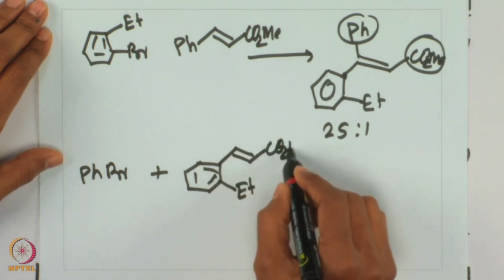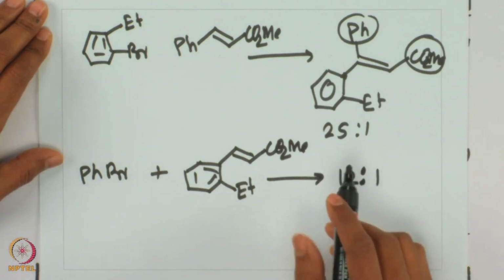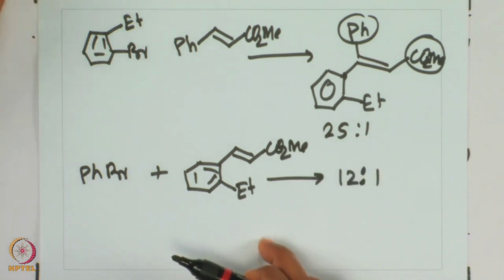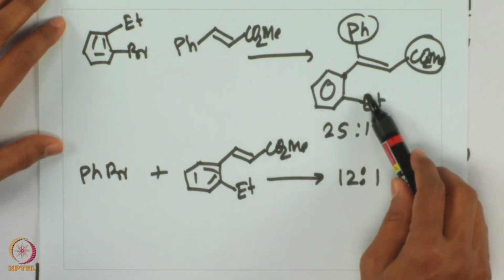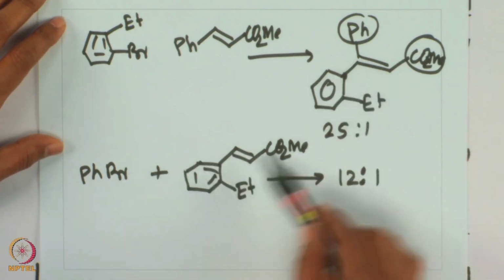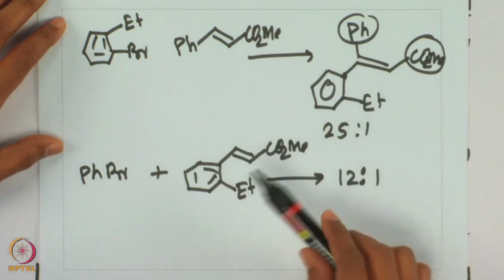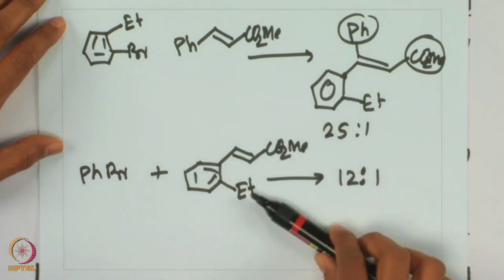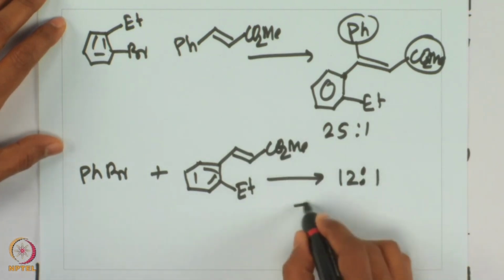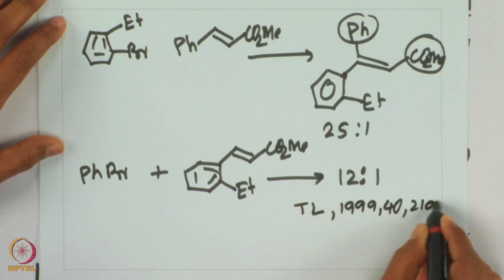We take the other one where we also get 12:1 selectivity with respect to the product formation, but in this case you see the other way around, the same product we are getting, but starting with the substituent at this side, it is not rotating to the other side, phenyl is actually coming and adding from this side. So, the selectivity in this case is thermodynamic in nature, and that is by Koenig, Tetrahedron Letters, 1999, 40, 101.